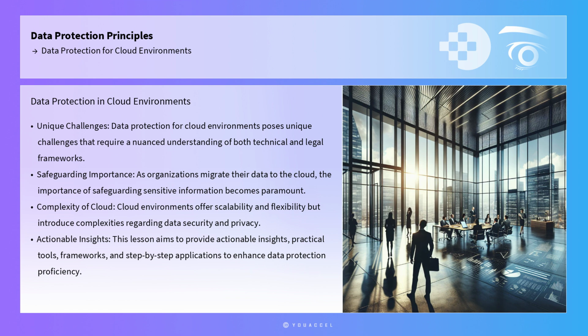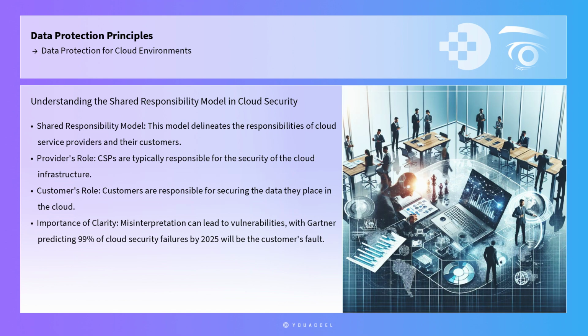managing cloud environments. One of the key principles in safeguarding data within cloud environments is understanding the shared responsibility model. This model delineates the responsibilities of cloud service providers and their customers. While CSPs are typically responsible for the security of the cloud infrastructure, customers are responsible for securing the data they place in the cloud.